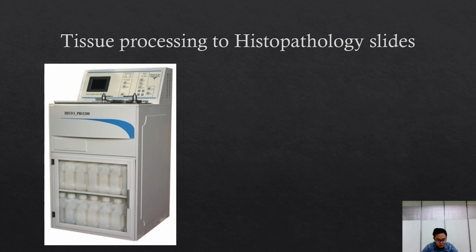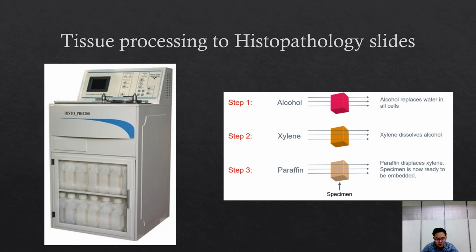The first thing is it pumps alcohol into the tissues to get all the water out of cells, then uses xylene to dissolve the alcohol, and then pumps paraffin into it, which will allow it to be embedded. After tissue processing, these cassettes are ready to be embedded into blocks.